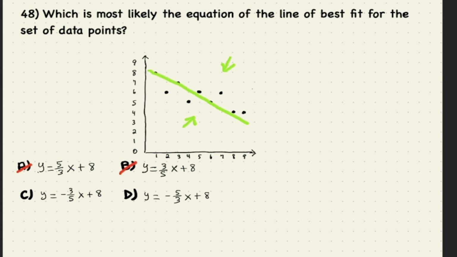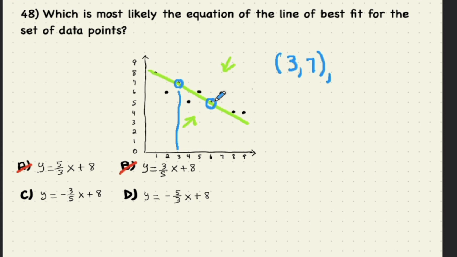Next thing we're going to do is find the slope. So what I'm going to do is select 2 points, this point here as well as this point here. Okay, and when we take a look, this is at 3, 7. So we'll place 3, 7 here.